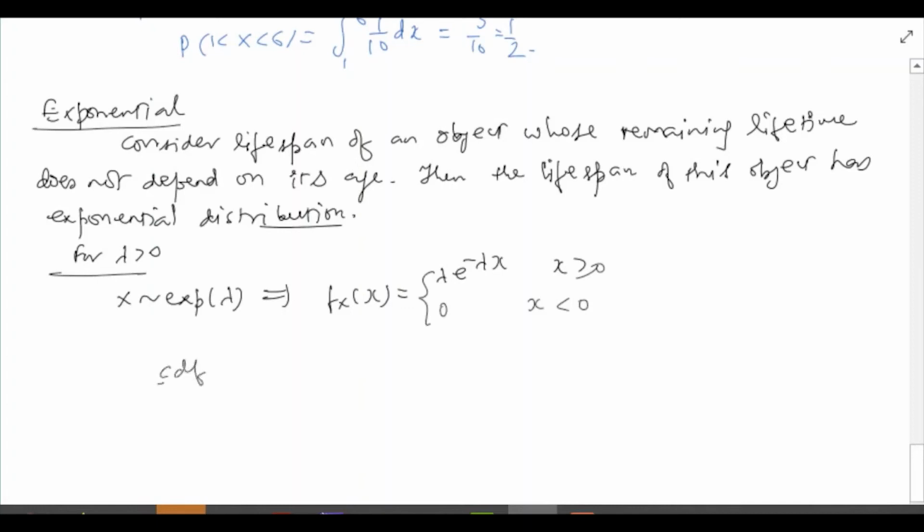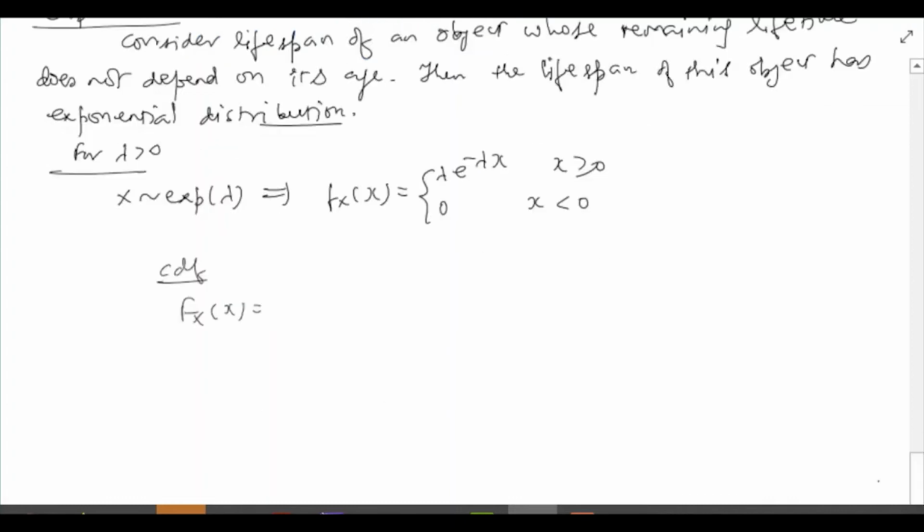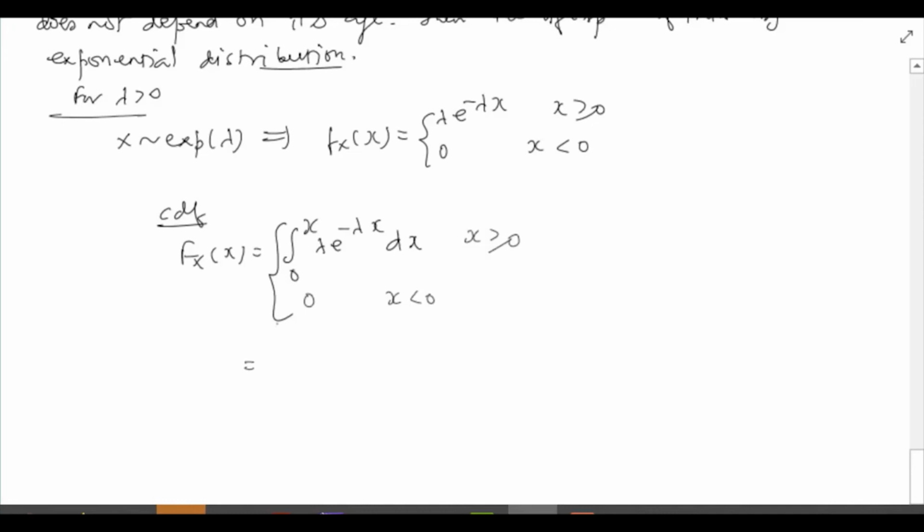The CDF of an exponential random variable F(x) is given as follows. F(x) would be the integral from 0 to x of lambda e raised to minus lambda x dx, that is the integral of density from 0 to x, for x greater than or equal to 0, and it will be 0 for all negative values of x. It can be easily checked that CDF is 1 minus e raised to minus lambda x for all x non-negative, and it's 0 for all x that are negative.